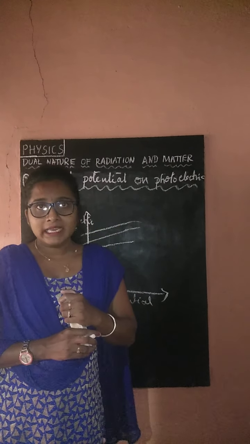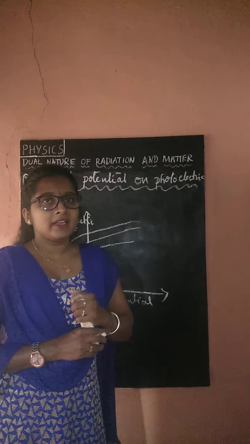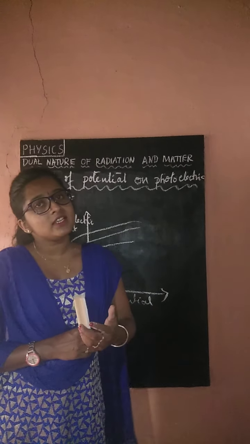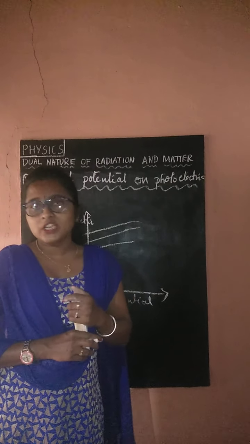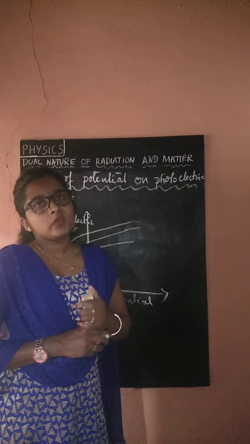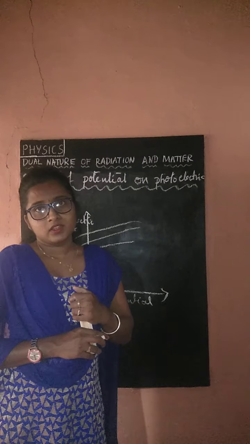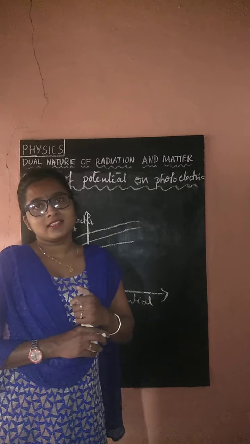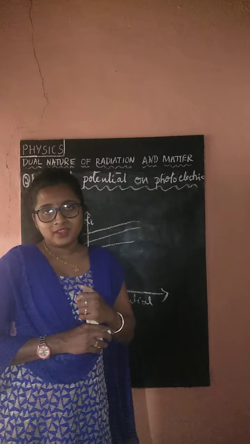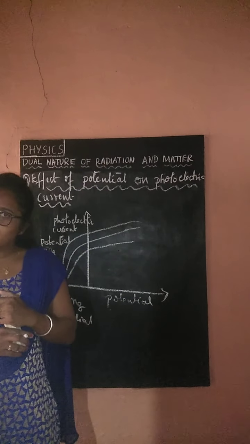Further, if we increase the potential, all the electrons are already collected and there is no further increase in current. The current will be maximum there. That current is called the saturation current.